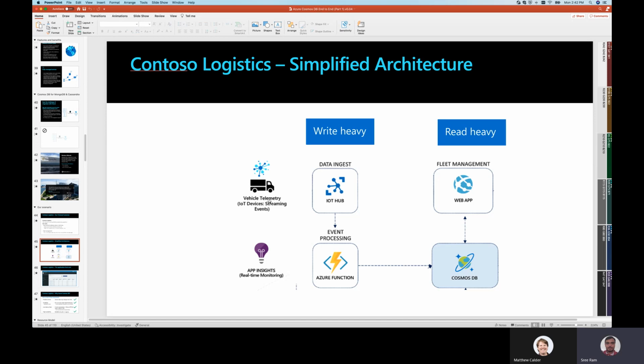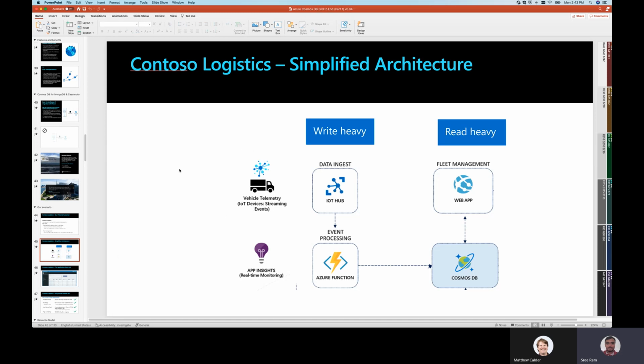Once we get that into the cloud through the cloud gateway called IoT Hub, we use a microservices architecture to perform the event processing and store the data into Cosmos. On top of that, we have a read-heavy web app wherein our fleet managers log into the web app and see all the different vehicle telemetry and information.